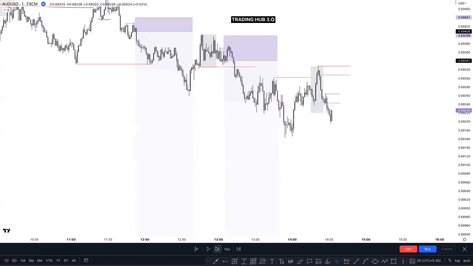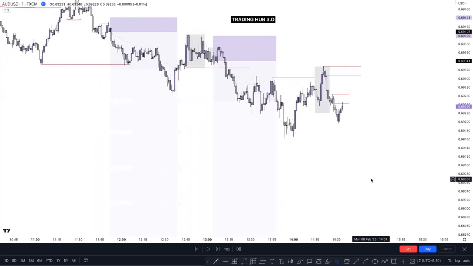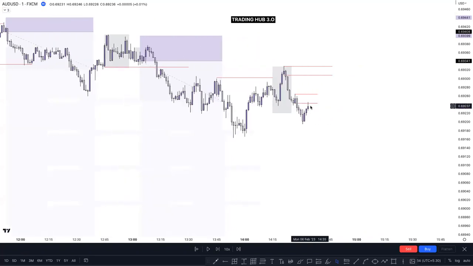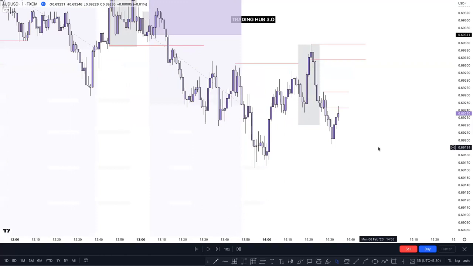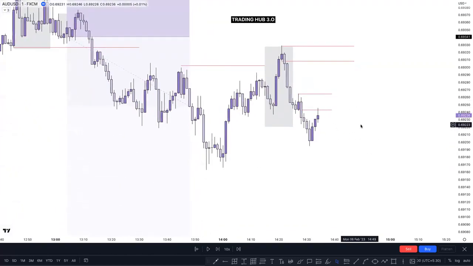Okay, you have to wait for it to mitigate the 1 minute order block. Okay, it gives a small reaction here, and once market gives reaction here, you have to prepare that market can give you a confirmation, like an indication before a downside move, right?